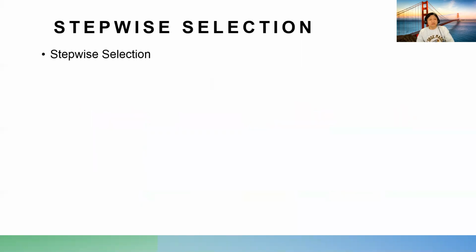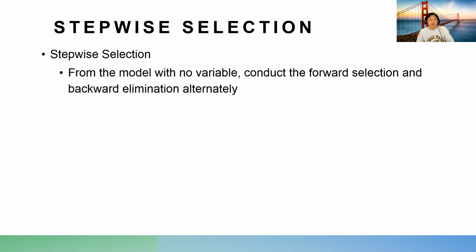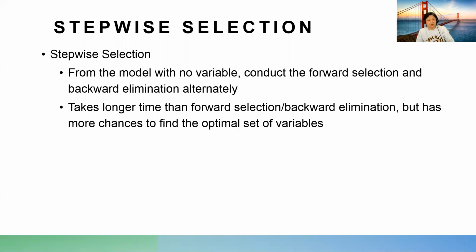And stepwise selection, this is a combination of forward and backward. Okay. From the model with no variables, it conducts forward selection first, and then backward elimination alternately. Okay. So it tests forward and backward and forward and backward. So it takes a long time.